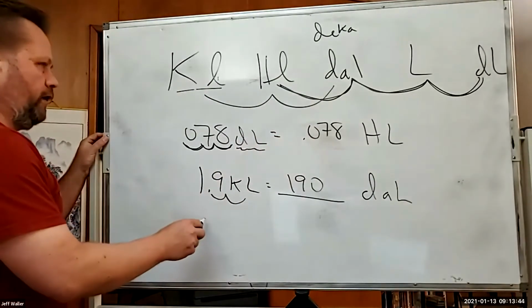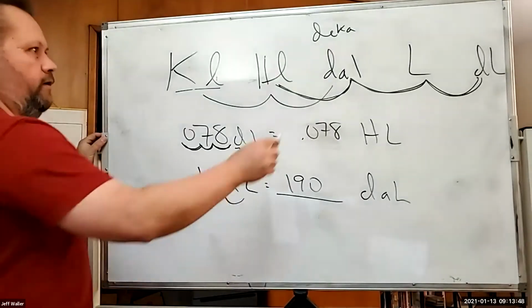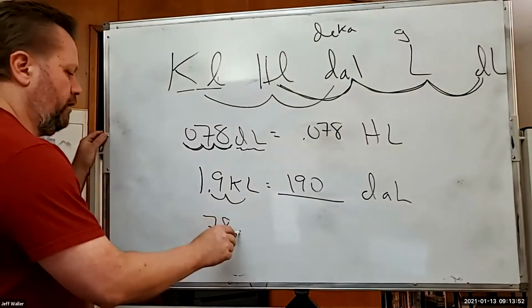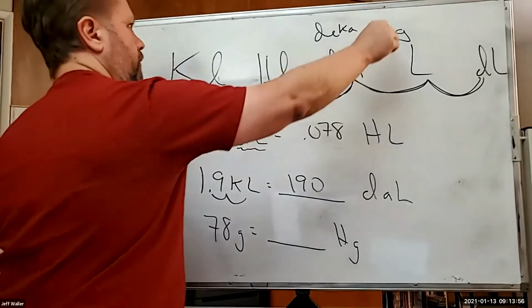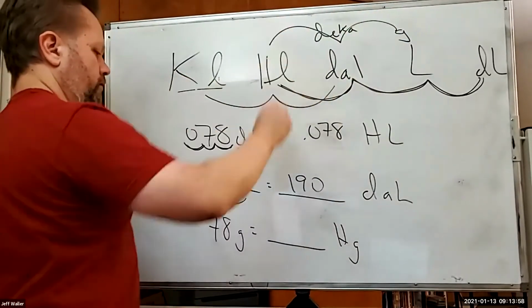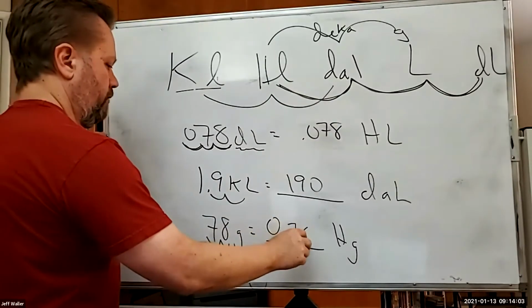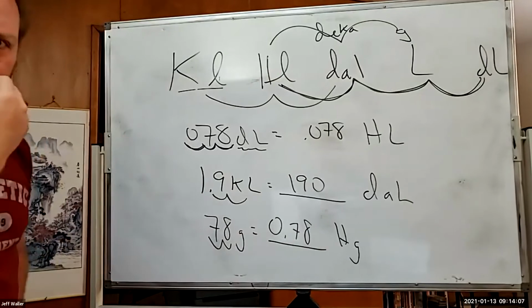So if I have, I can do grams. If I have 78 grams, how many hectograms is that? 1, 2, 0.78. I like the number 78 for some reason.